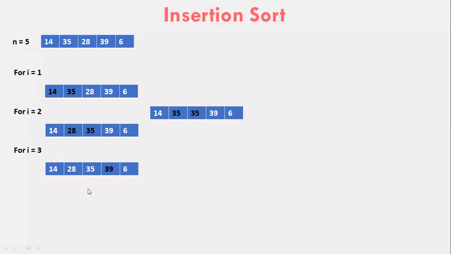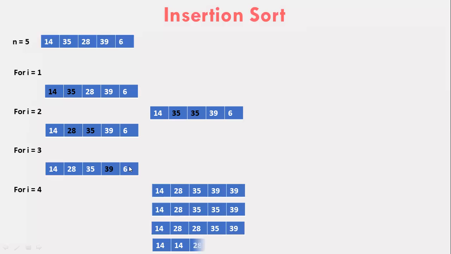Now for i equal to 4, what we have to do? We compare 6 first with 39. 39 is greater than 6, so we move 39 to the next position. Then 6 is compared with 35. 35 is greater than 6, so 35 is moved to the next position. 6 is compared with 28. 28 is greater than 6, so 28 is moved to the next position.